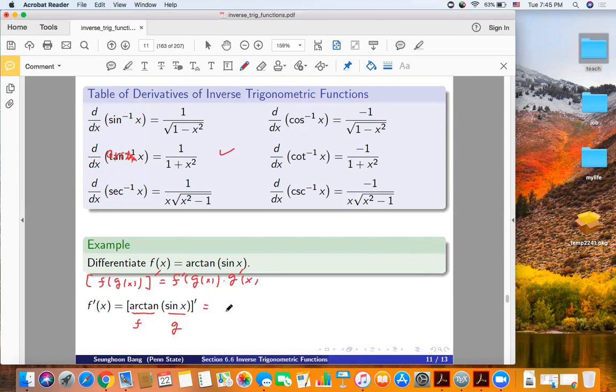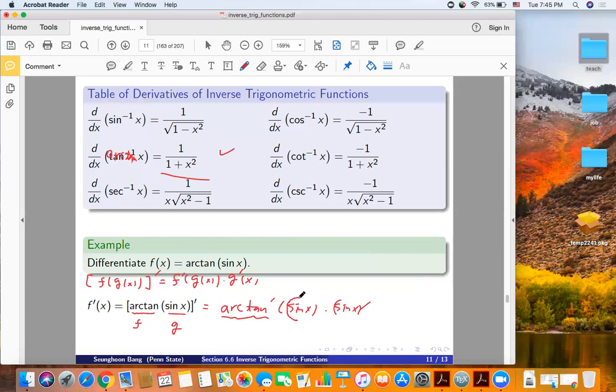So this is arctan prime of the inner function sine x times sine x prime. Arctan prime is 1 over 1 plus x squared.